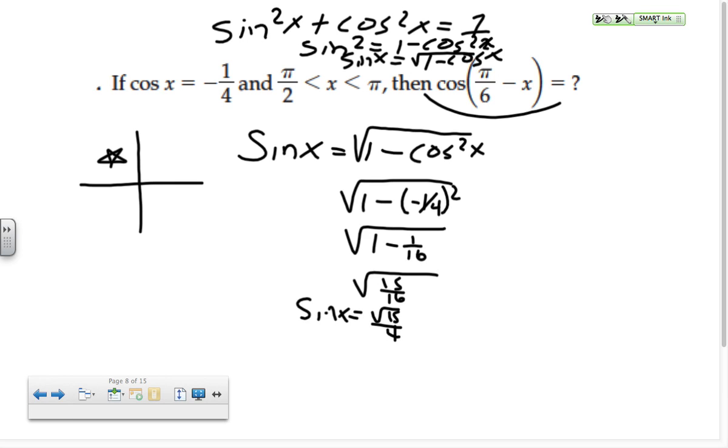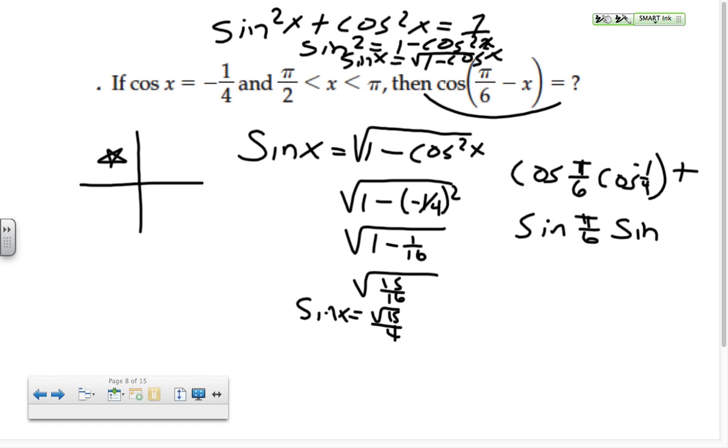Cosine of x minus y is the cosine of x, the cosine of pi over 6, and then the cosine of negative x.